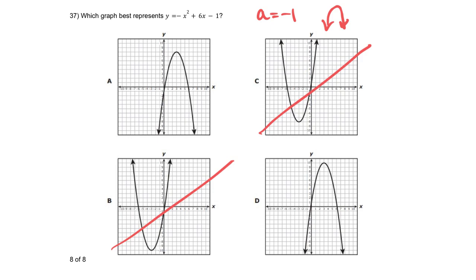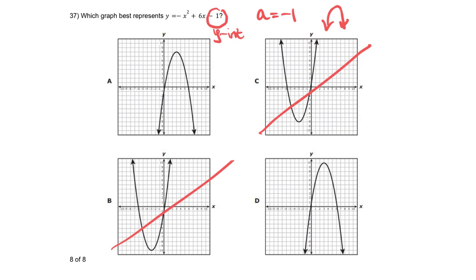Now, after this, some of you may know and recognize from your yellow sheet, or just you remember, that our c term is our y-intercept. So that would help us further rule out choices. But even if you didn't and you were stuck, you at least have only two choices that you're thinking of.